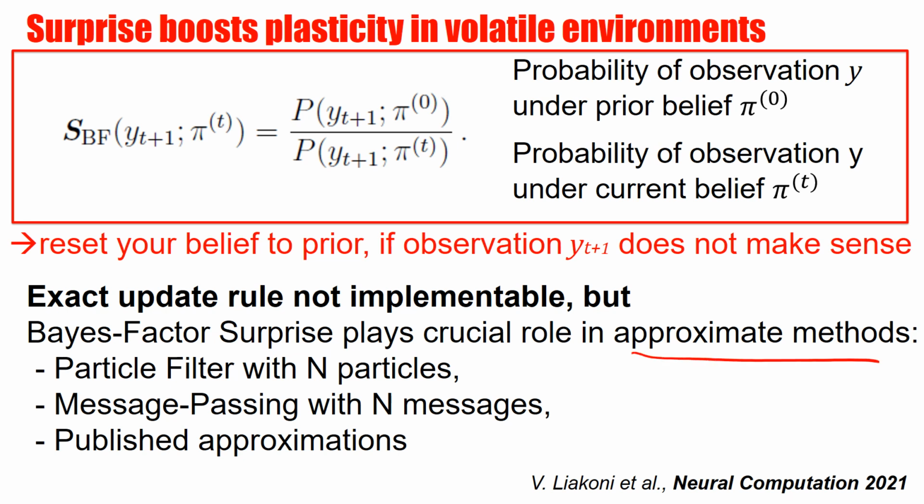I give you here three: particle filters with n particles, message passing with n messages, and other published approximations. They all use this Bayes factor surprise, and it should modulate the learning rate. This modulation of the learning rate allows you to reset your belief if the observation y at time t+1 does not make sense.